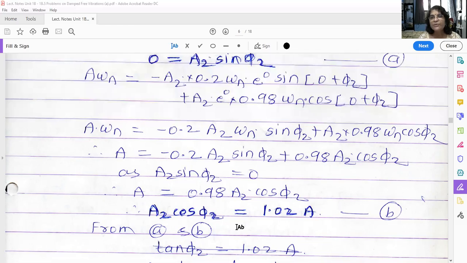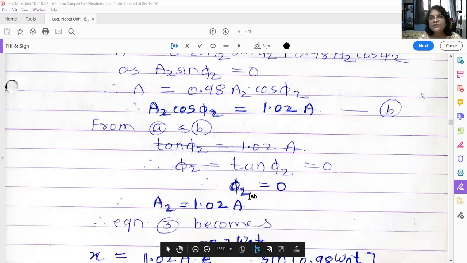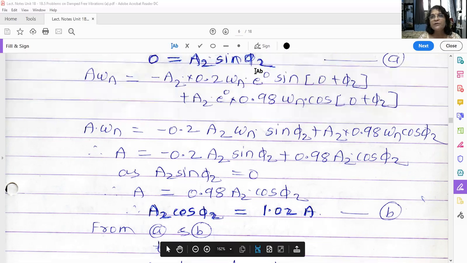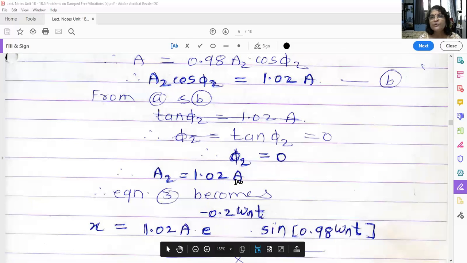So that means automatically we are getting phi 2 is equal to 0. And once we put phi 2 is equal to 0, what we will get? A2 is equal to 1.02 A because cos 0 is 1. So we got the values of two constants. What is first? Phi 2 is equal to 0 and second A2 is equal to 1.02 A.